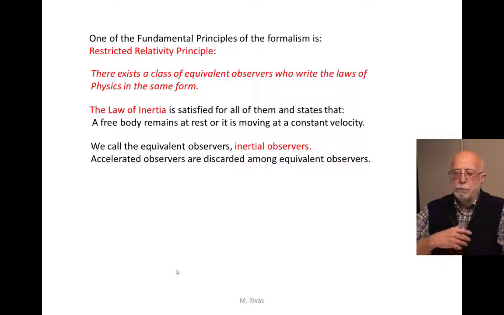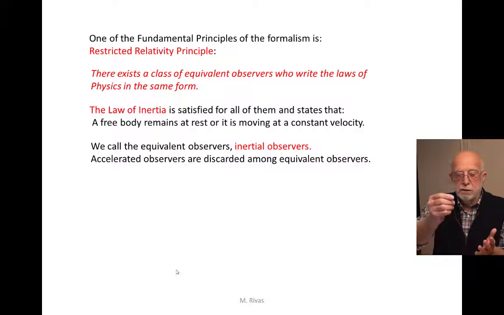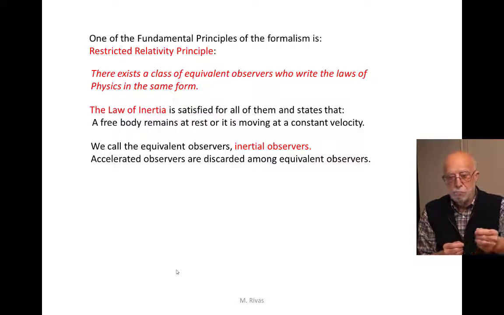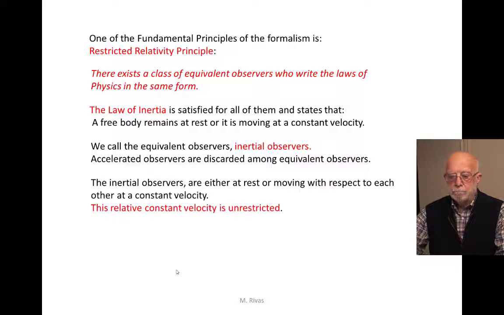An accelerated observer is outside this set of equivalent observers, because if I see free motion of a particle in a straight line of the center of mass, the accelerated observer does not see a free motion, so it is discarded. So we are going to make physics only for this restricted class of inertial observers.